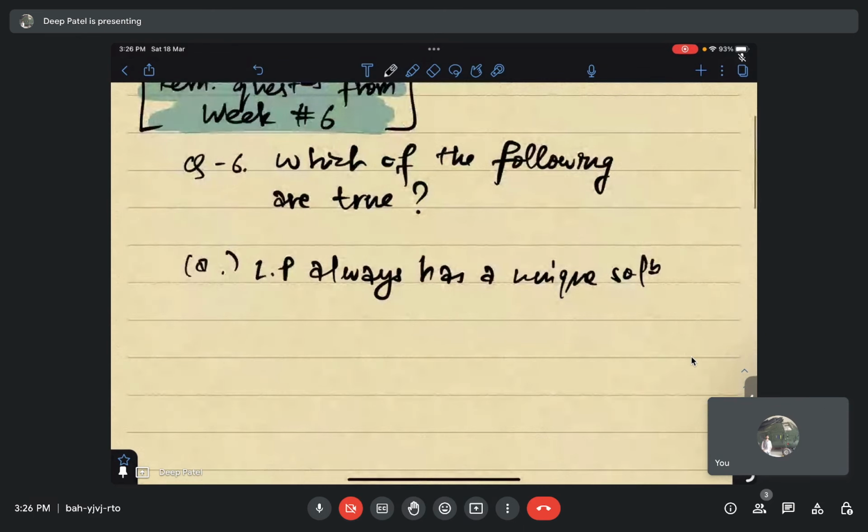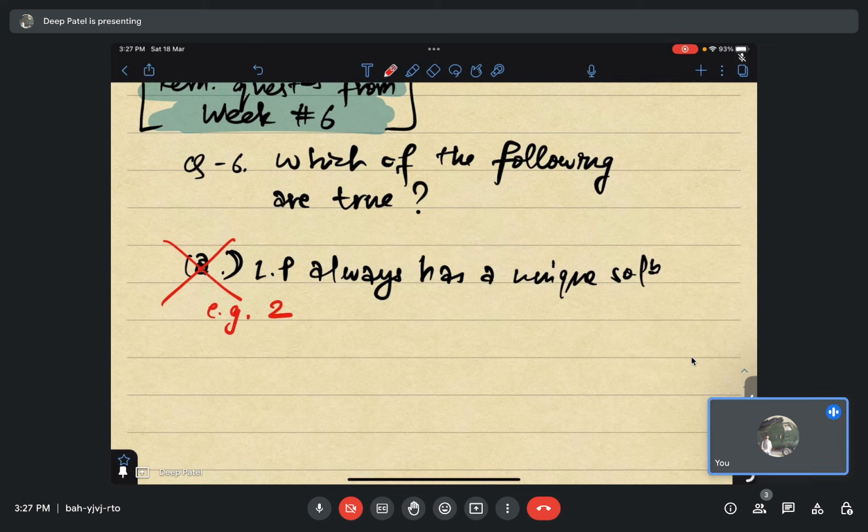No. And why is that? It may not have any solutions at all, or it may be unbounded. But even if it has a solution, does it have to be unique? It doesn't have to be unique. It can be a line segment. If two BFS are there, then a convex combination of the BFS is also a solution, right?